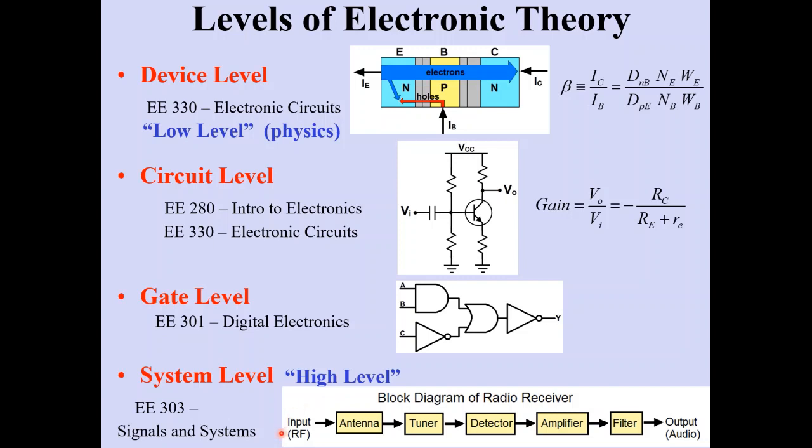The antenna then sends those signals to a tuner here to select the station that we're interested in. The selected station then might go into a detector to demodulate the modulated signal that's coming in from the antenna, and then that demodulated signal from the detector might go to an amplifier to increase the power of the signal.